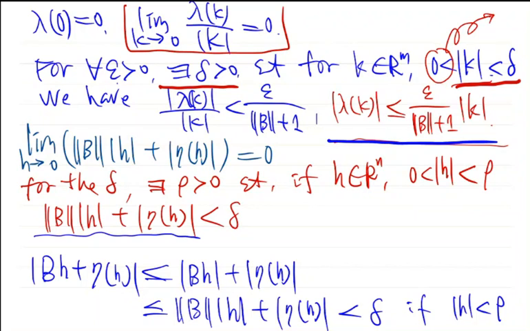We will have this inequality. Therefore, combining this together, we see that if the norm of h is less than rho, then the norm of bh plus eta h is less than delta.